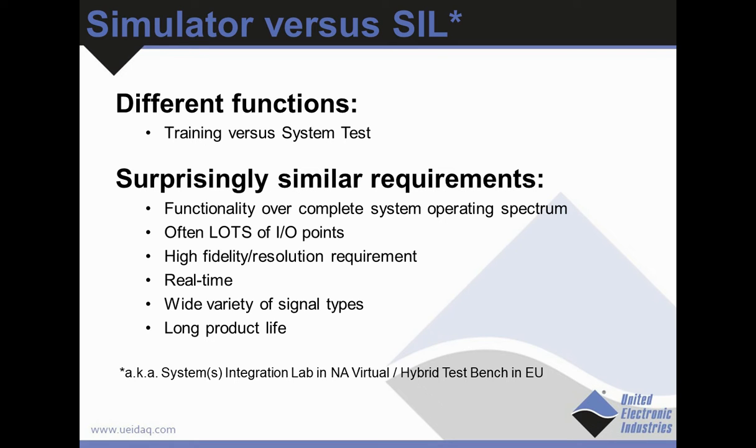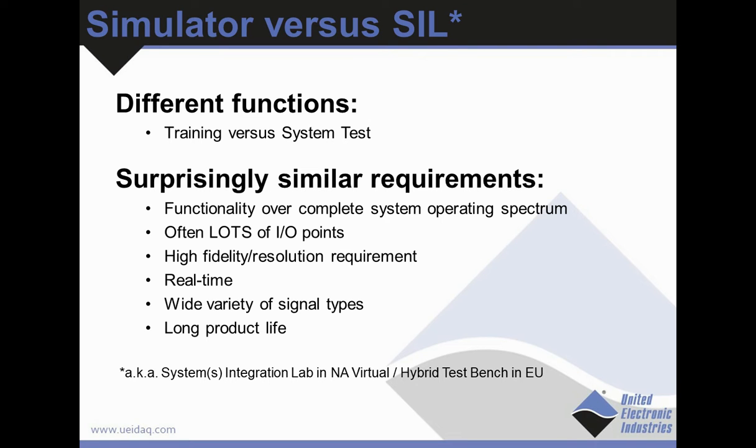One thing is that they're almost always real time. In test systems, faster is pretty much always better, but in simulators and SILs, faster or slower is pretty much just plain wrong. You need to run them at the actual speed that the actual aircraft or other vehicle you're simulating is going to go.